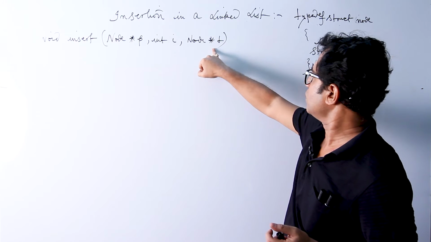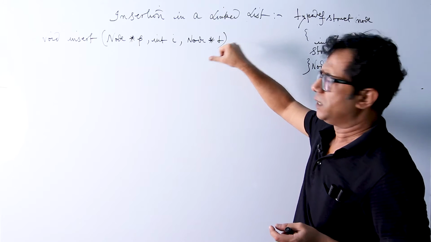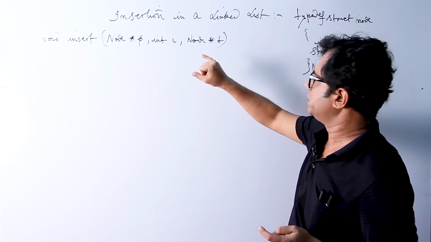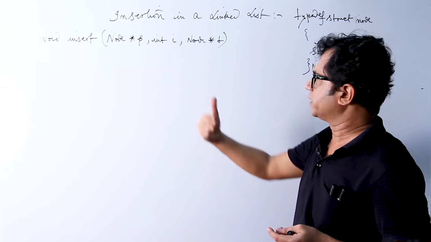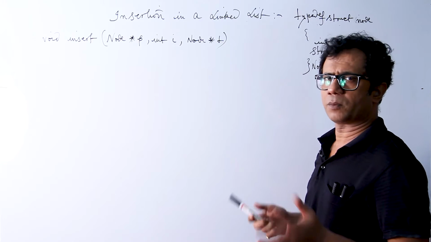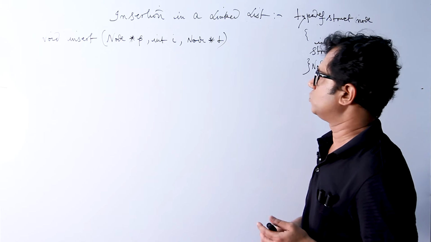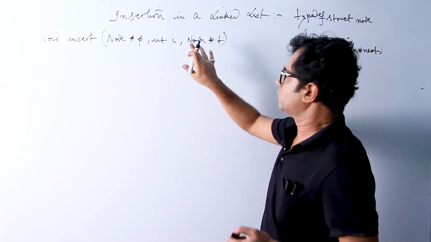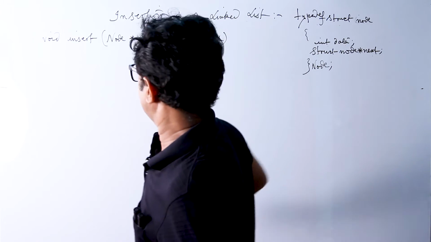Suppose the node is created, and that node will have to be inserted in the linked list at any position starting from i equal to 0 to other non-zero values. So these are the three arguments. Now we start writing the code.